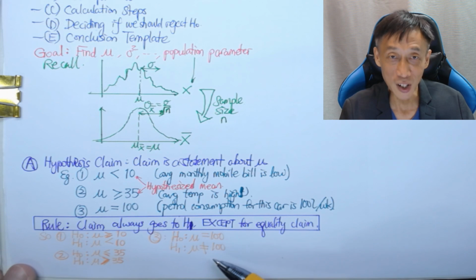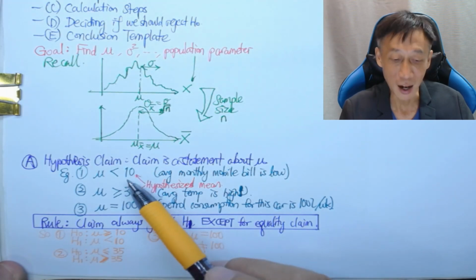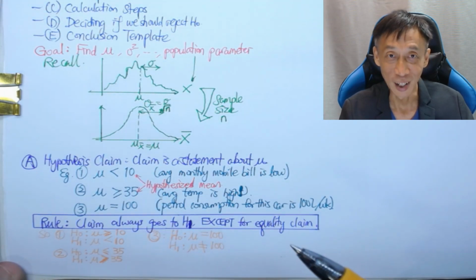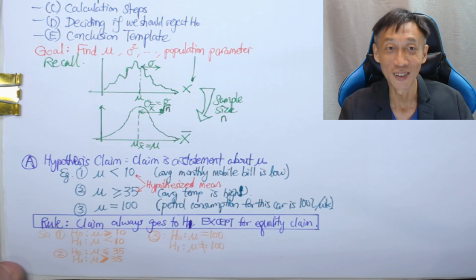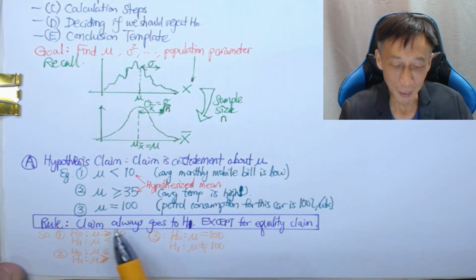There's a 50% chance of making a mistake if you're not aware of where exactly to park the claim statement. And 50% is a lot, not 2%, not 5%, it's 50%. Half the time you'll be wrong if you're not clear about this rule.